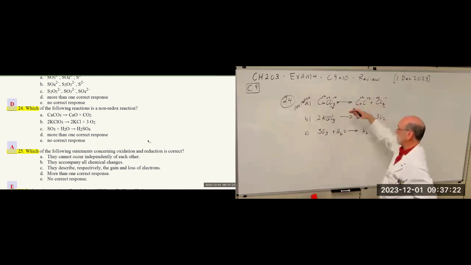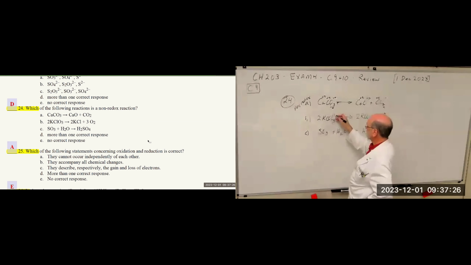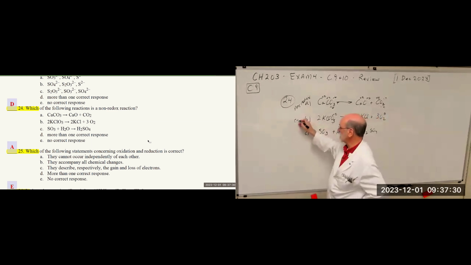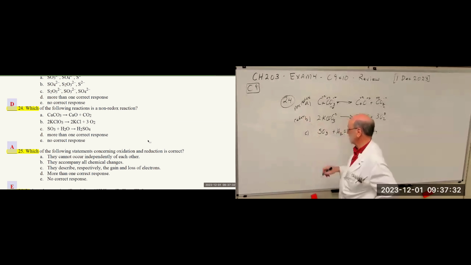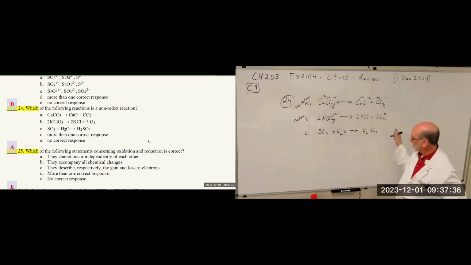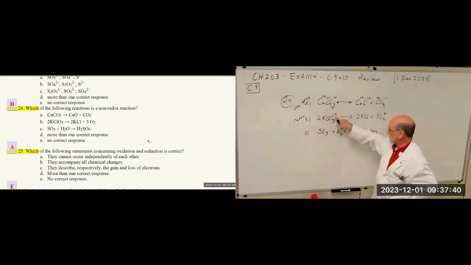There's no change in the oxidation states there. This one's 0. This one's -2, right? So we can see right off the bat, this has to be a redox reaction. We don't have to waste any time doing the further calculations. We know that this elemental oxygen is 0 and that oxygen is -2.